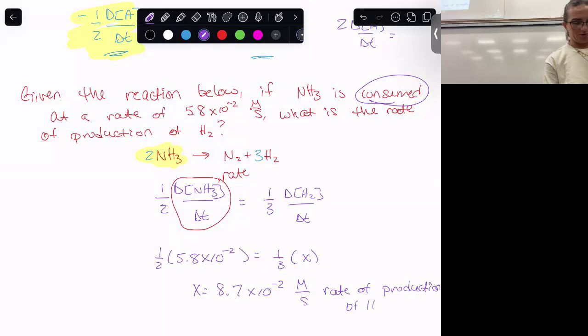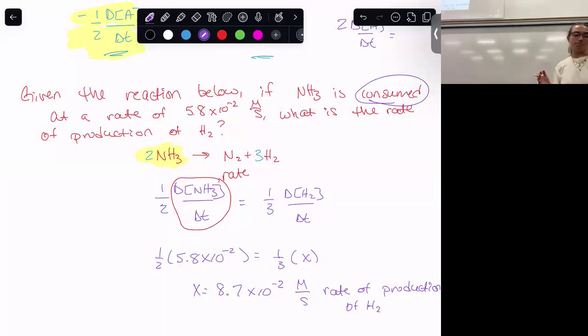Is that the change in H2 or just the change in time using the X value, or would there need to be more given to us? For this question, that's about all you could answer. You could be asked, right, how much is produced in 10 seconds kind of thing, and then you would take your rate, multiply it by 10.